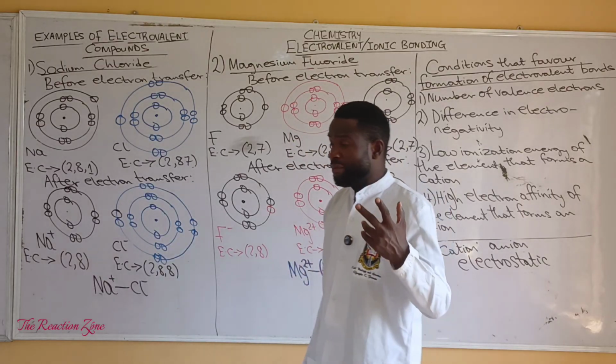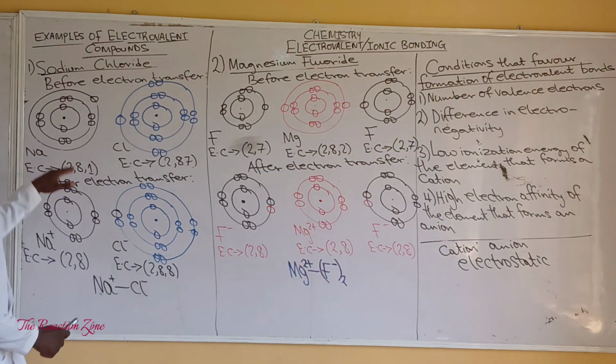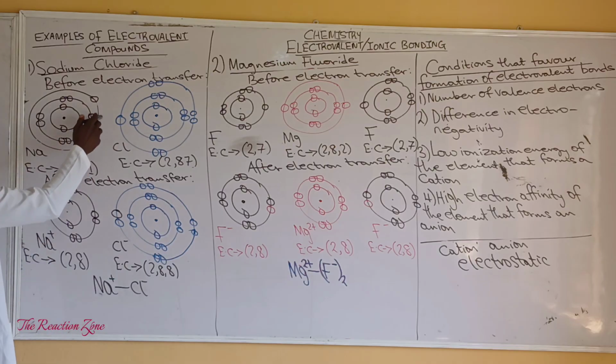So I'm going to take them one after the other. This diagram here represents the arrangement of electrons in the sodium atom. And the electronic configuration is 2,8,1, telling us that sodium has one electron in its outermost electron shell.